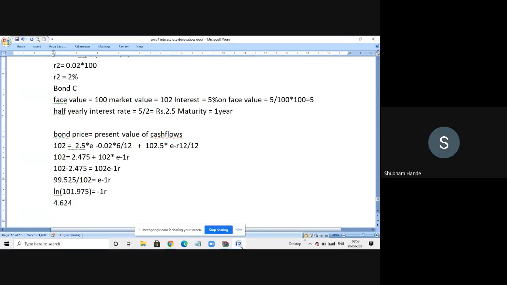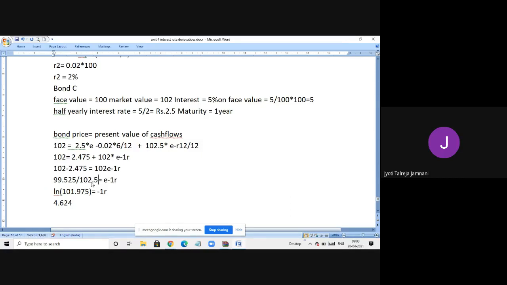Ma'am, you did not consider the 2.5 in the present value of cash flow. It is 102.5. Right, ma'am. Okay. Division by 102.5 we have to make, right? Yes, ma'am.